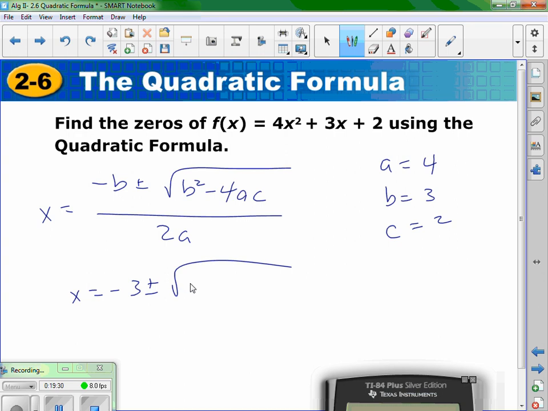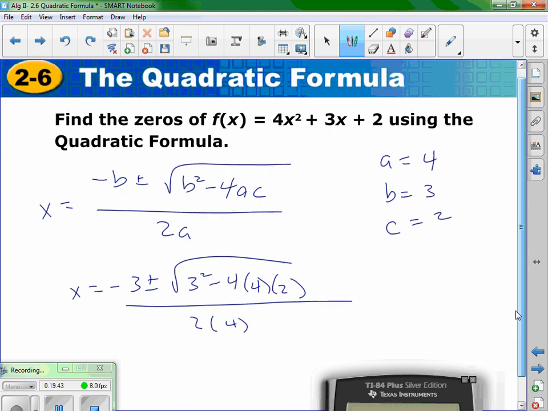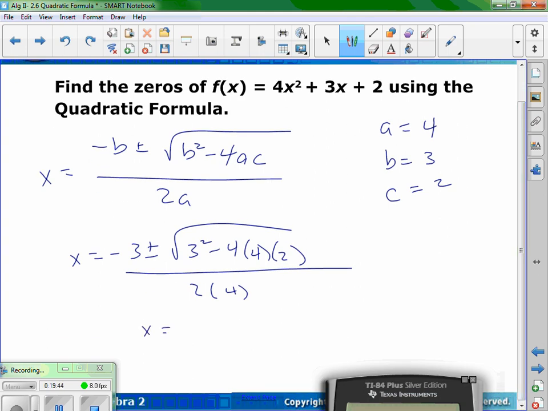What's B? 3 squared minus 4. A is 4. C is 2. All over 2 times 4. X equals negative 3 plus or minus square root of something all over, what's 2 times 4? 8. Go back and do the fun part.